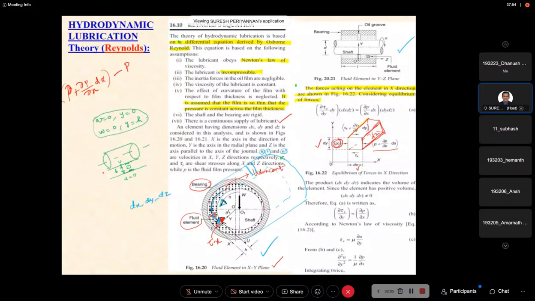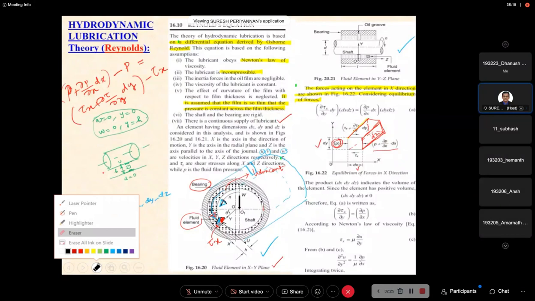Is equal to, similarly, tau x plus dou tau x by dou y into dy, because it is the y direction, minus tau x. From this relation, we can obtain the equilibrium force.